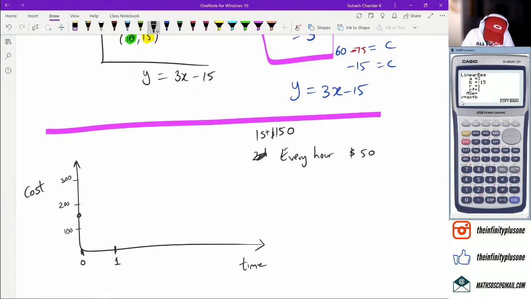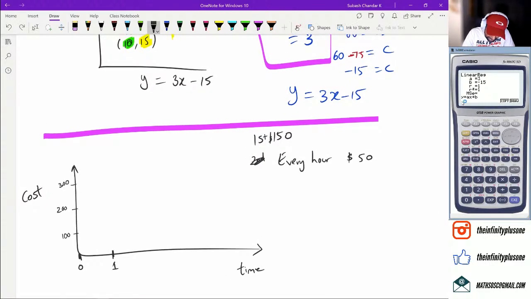It's going to be an empty hole at 0, because he shouldn't be charging me any money for 0 minutes, though you could put it as a covered dot as well. After 1 hour, he is going to charge me $150.